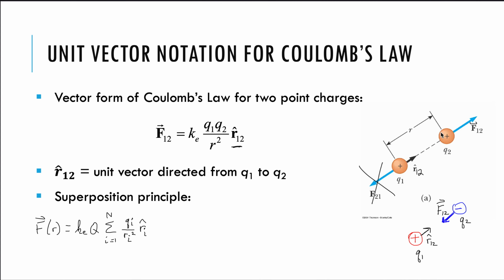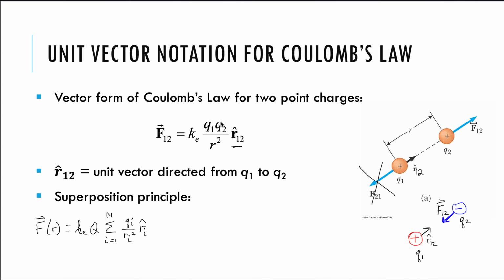In case you don't remember about unit vectors, they are dimensionless vectors used to specify direction. They don't have units, they're just used to specify the direction, in this case away from Q1 towards Q2, which is the force that we are interested about.